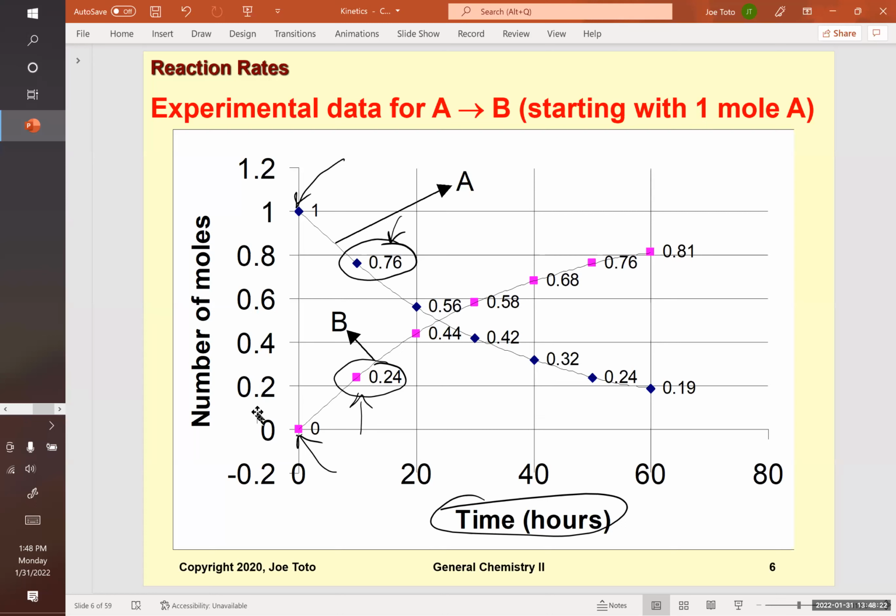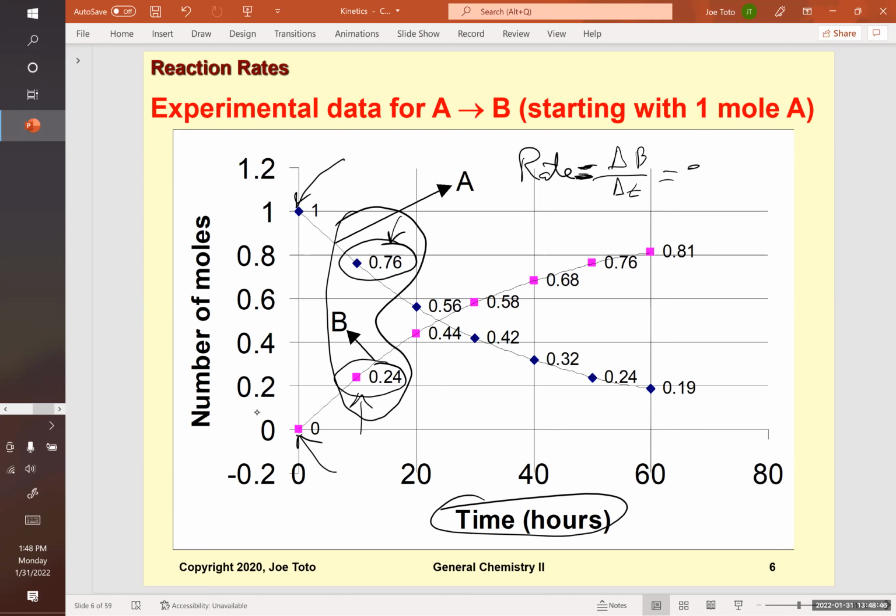Okay. So in our rate equation, for this first point right here, we would have the change in B over change in time. Right, that's what that equals.